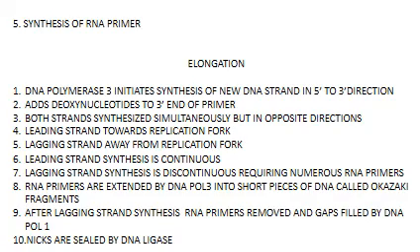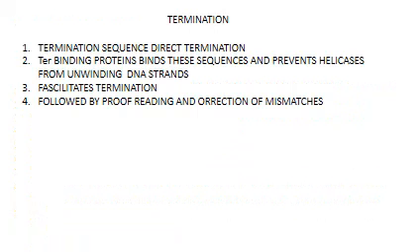Now, after the lagging strand synthesis is over, the RNA primers are removed and the gaps are filled by DNA polymerase I. Nicks are then sealed by DNA ligases. Termination, the third phase. The termination sequence or the TER sequence will direct termination.